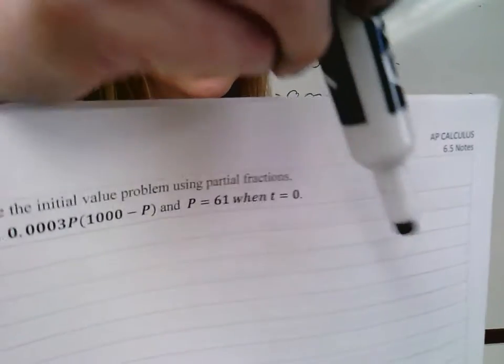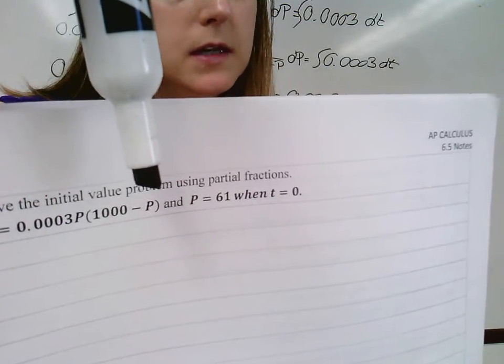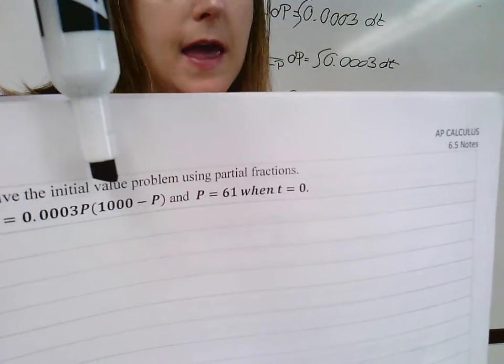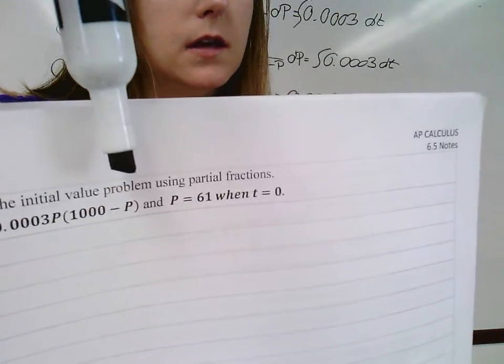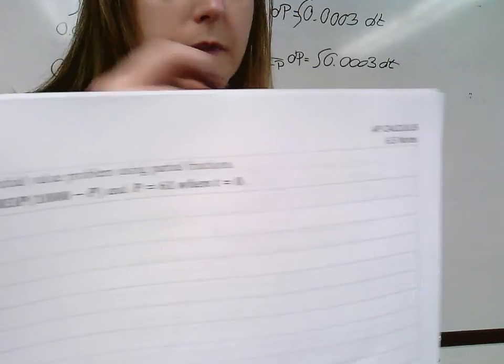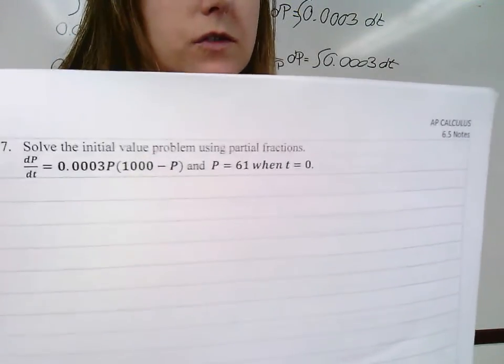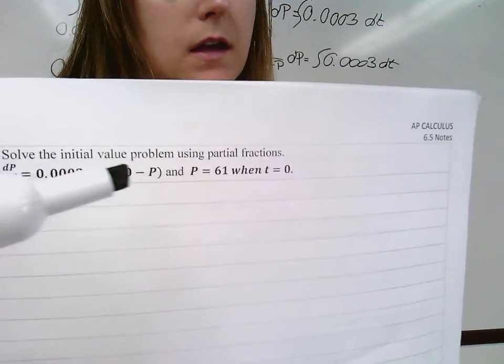Okay. So this is K, P, M minus B. So our answer was M, which is 1,000, over 1 plus 15.393, which is going to be a constant number, e to the negative K, M, T.